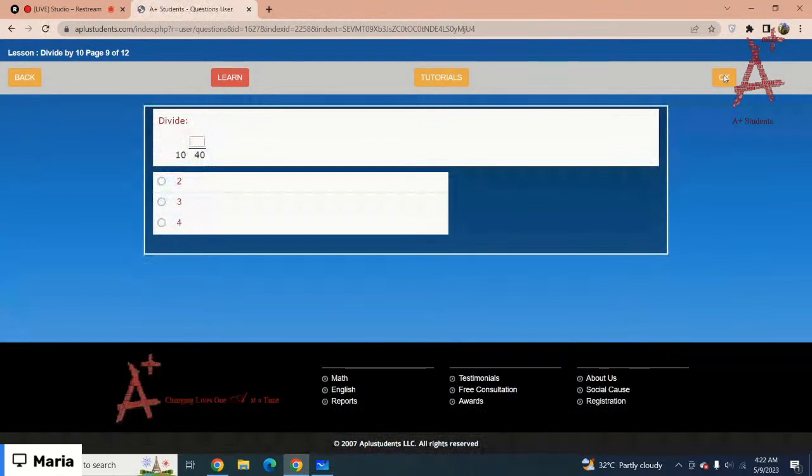Okay, 40 divided by 10 equals? It would be 4.